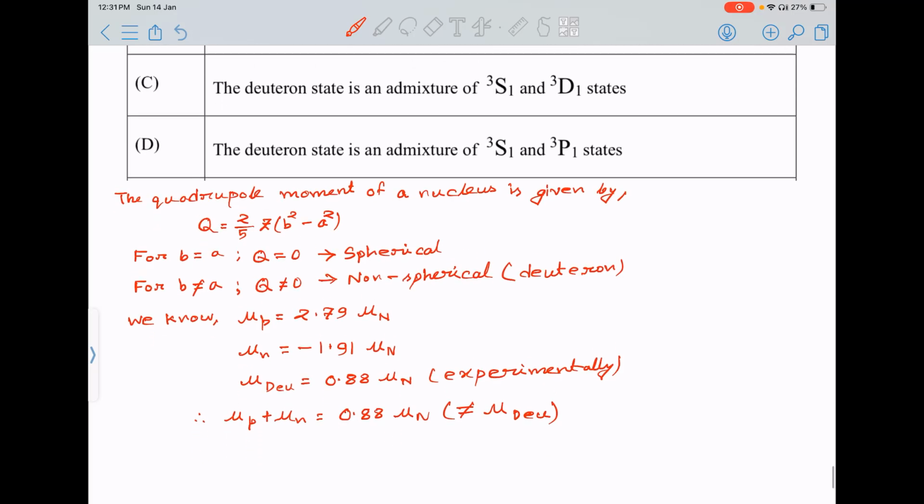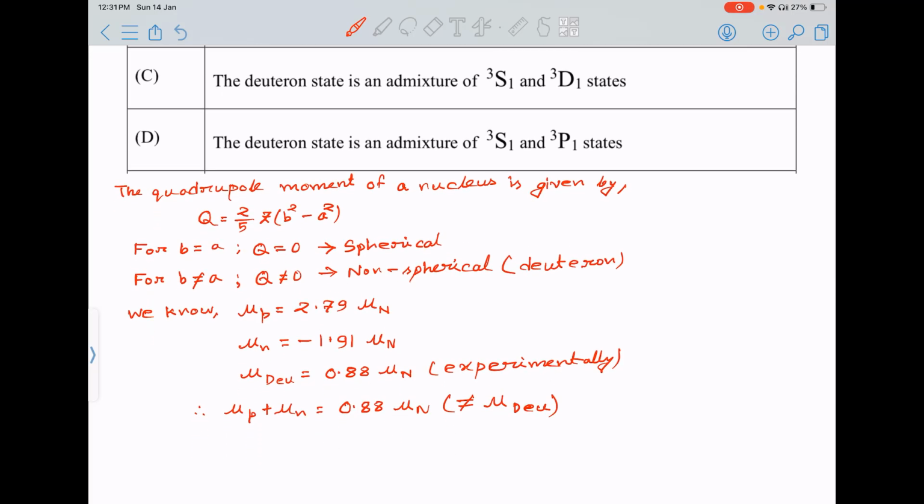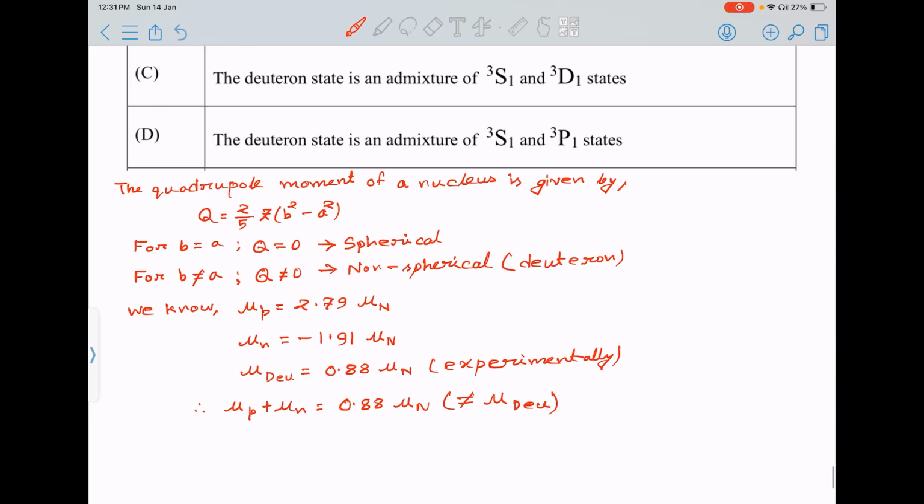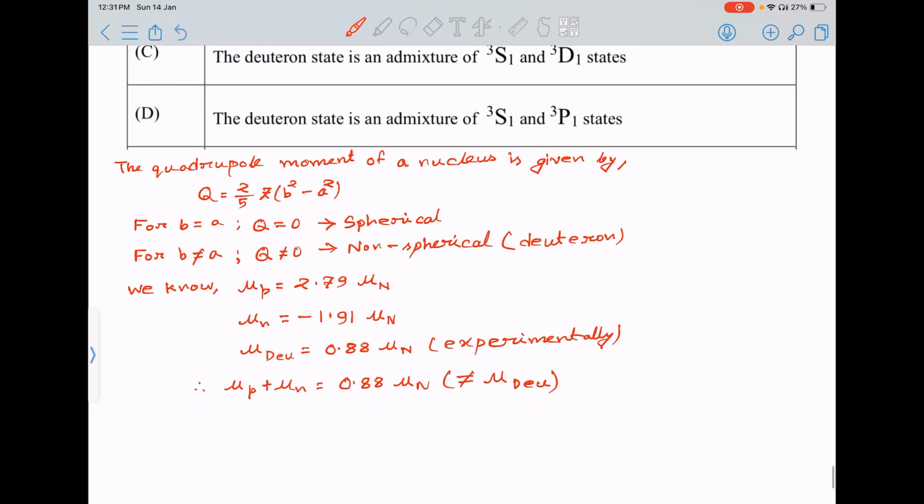Now, before proceeding to the next step, we all know that the deuteron is an even parity state. So the deuteron state has even parity.